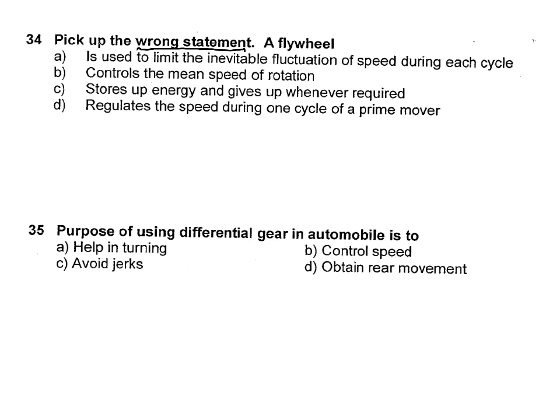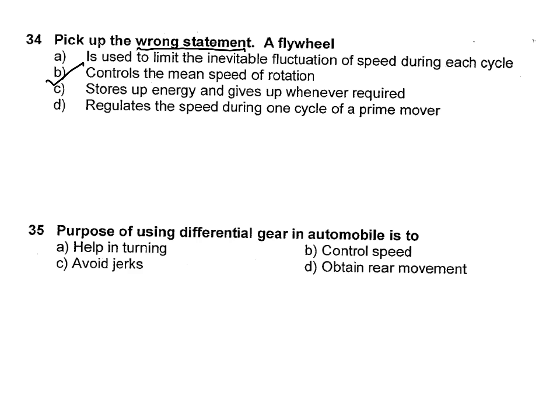C: stores energy and gives up whenever required. This is correct. D: regulates the speed during one cycle of a prime mover. This one also correct. So B is our answer. Wrong statement: controls the mean speed of rotation. Flywheel does not control the mean speed of rotation.